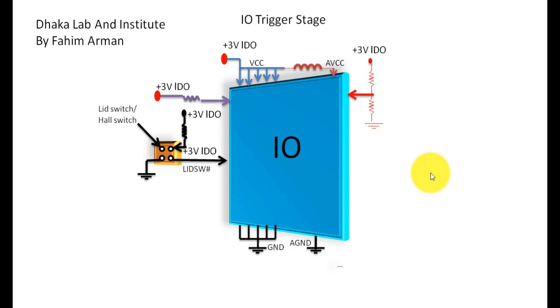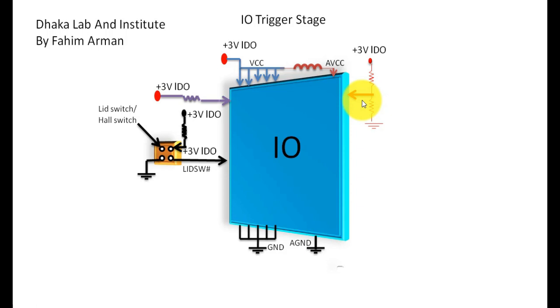And another important thing is that there is another circuit here, which is also called the thermal protection circuit. That is very important, and this circuit works with the plus 3 volt LDO, and a voltage divider is used.